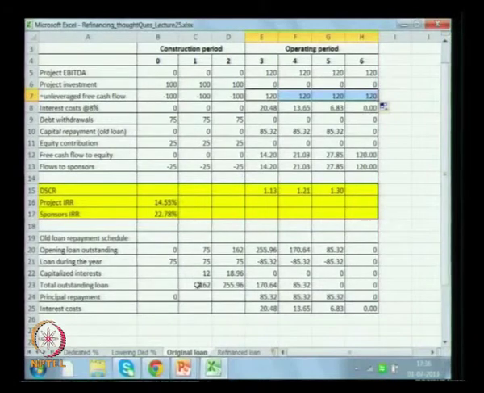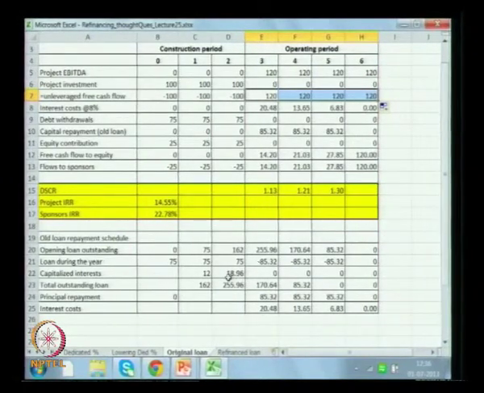So the total outstanding loan at the end of year 1 becomes the opening loan outstanding in year 2, and we take a loan of 75 in year 2. The total interest during year 2 works out to be 18.96, which is nothing but 8% of 162 plus 75.